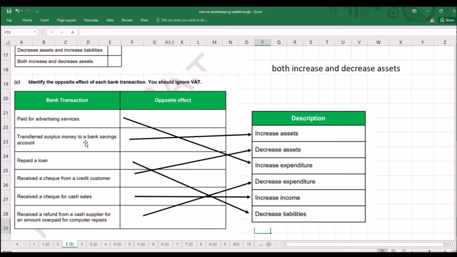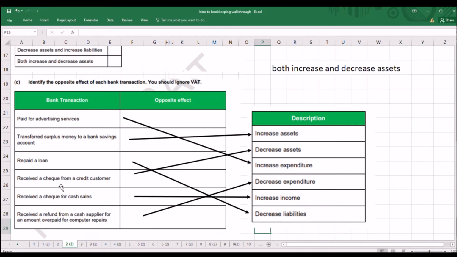Transferred surplus money to a bank savings account. So we've gone credit the bank, and there's going to be an increase in assets as well. So we've got an increase of bank savings, that's an asset, so that's an increase in the assets. We've repaid the loan, so we've gone credit the bank, and we've gone debit the loan account, so a reduction of the liability, so a decrease in the liabilities there.